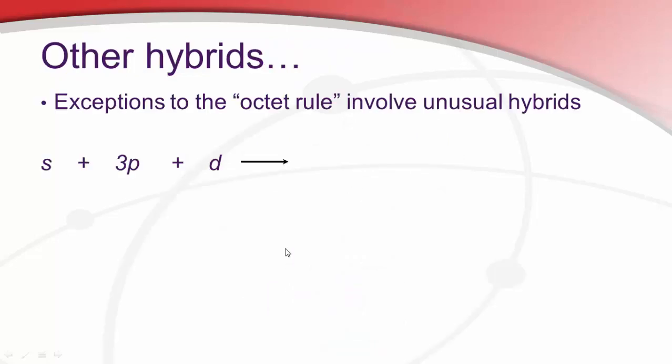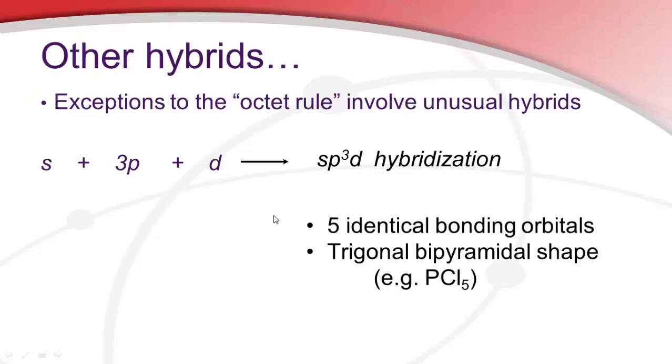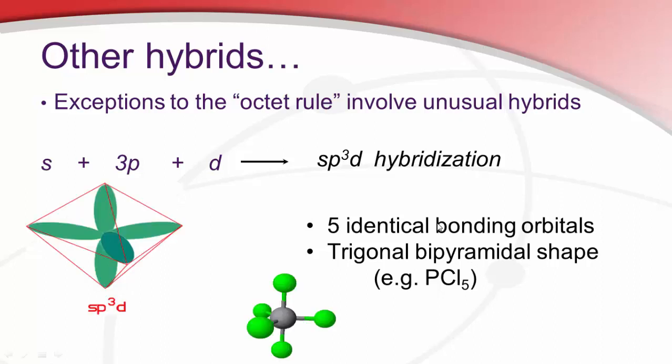And we can even go further. We can combine an s with 3p and a d orbital to get sp3d hybridization. And so for molecules like phosphorus pentachloride, we get a trigonal bipyramidal shape, really quite lovely.